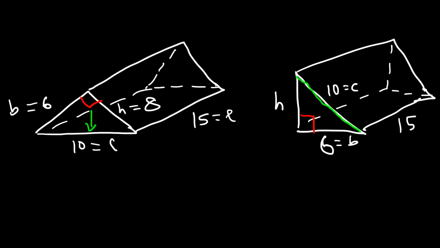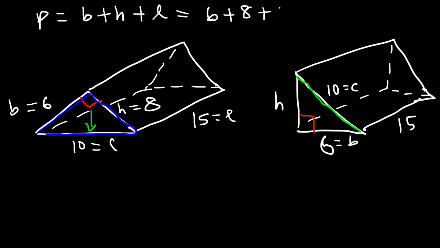So now we could find the perimeter, now that we have all three sides of the triangle. So the perimeter is going to be the length of the base plus the height of the triangle plus the length of the prism. So it's going to be 6 plus 8 plus L, which is 15. Actually, no, wait. I take that back.